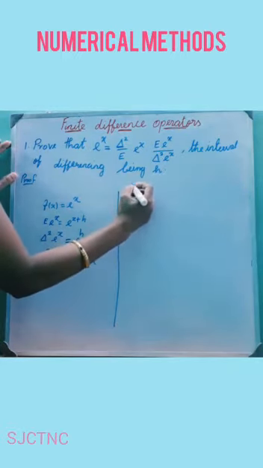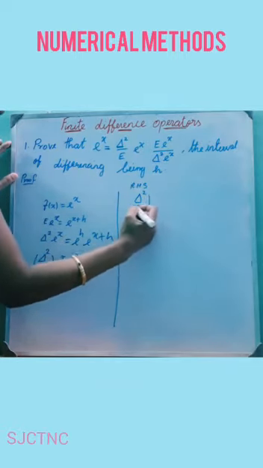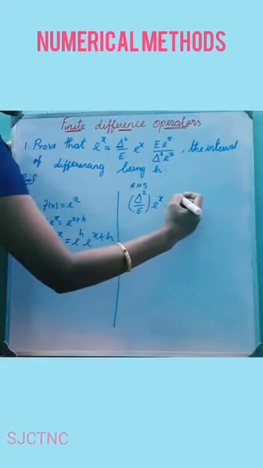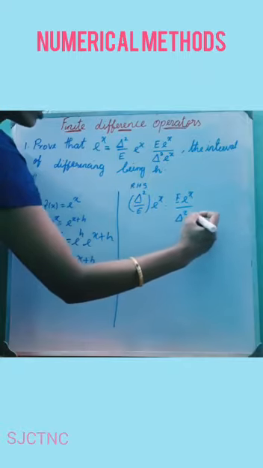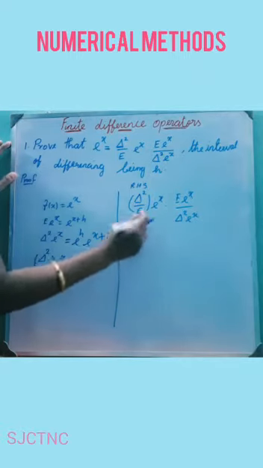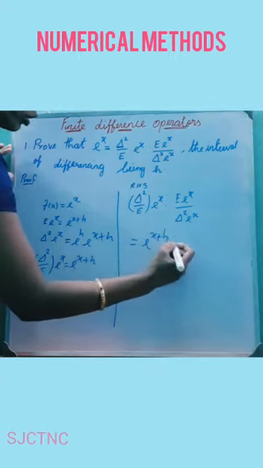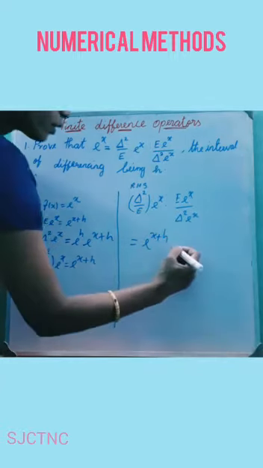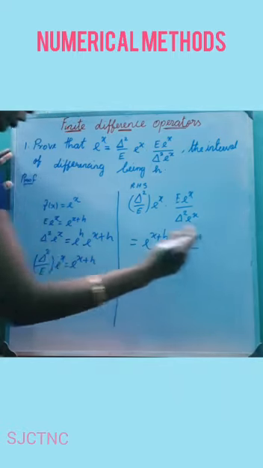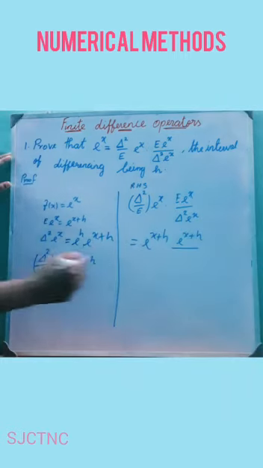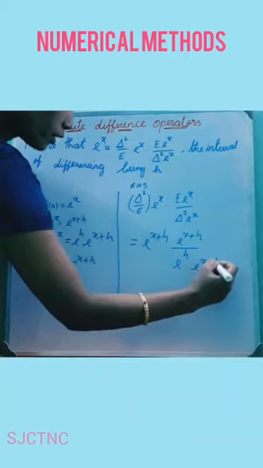I have taken the right hand side, del square divided by e into e power x, into e power x divided by del squared e power x. What is the value? E power x plus h into e power x plus h divided by e power h into e power x plus h.